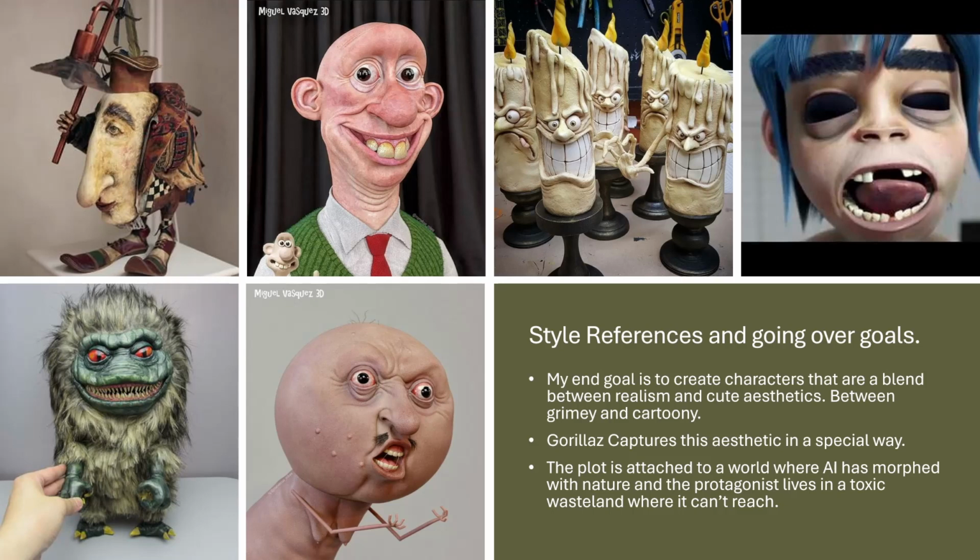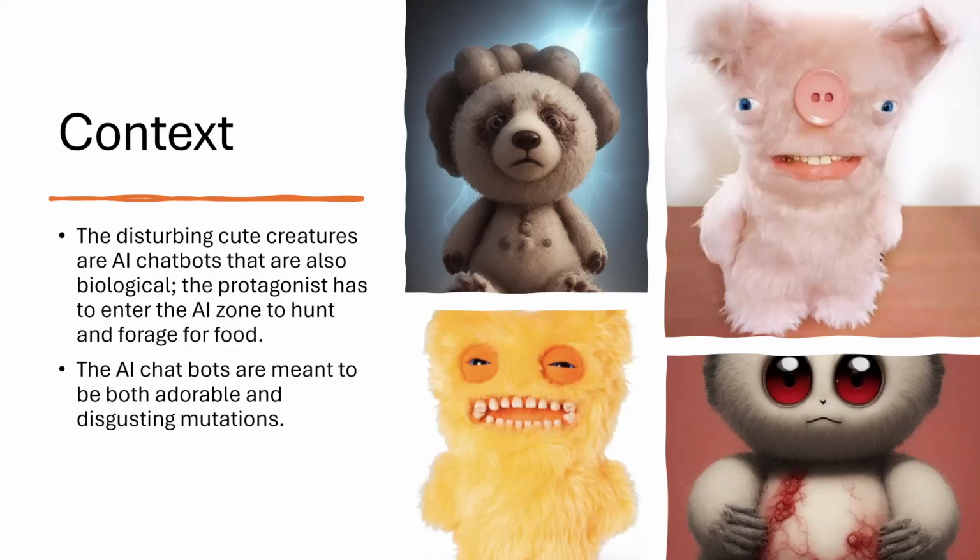And the plot is attached to a world where AI has morphed with nature, and the protagonist lives in a toxic wasteland where, yeah, sorry, that sentence wasn't finished. The disturbing cute creatures are AI chatbots in the story, and that's why the organic and the technology have merged into one, and the world is a hive mind AI.